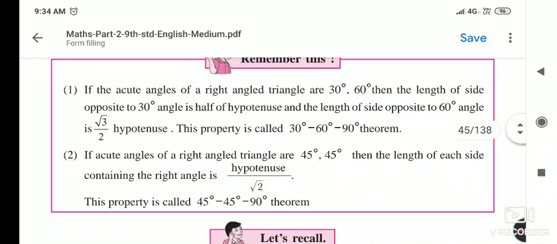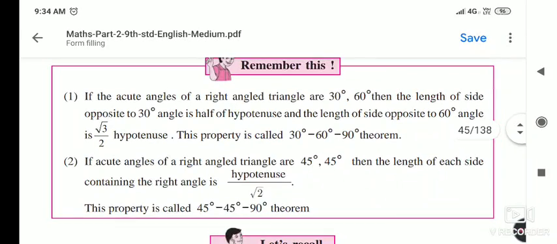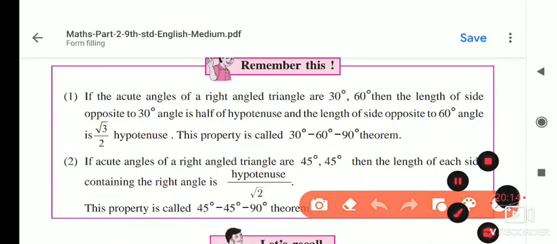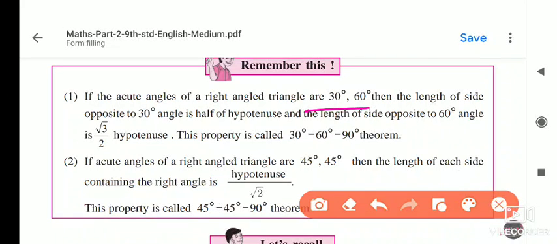So from this, remember what we have seen. If the acute angles of a right angle triangle are 30, 60, then the length of the side opposite to 30 degree is half of the hypotenuse, and the length of the side opposite to 60 degree is root 3 upon 2 of the hypotenuse.